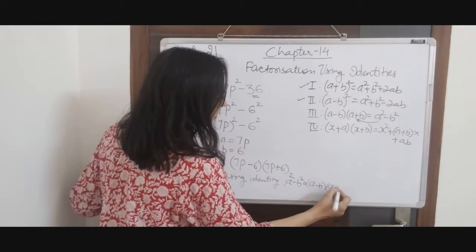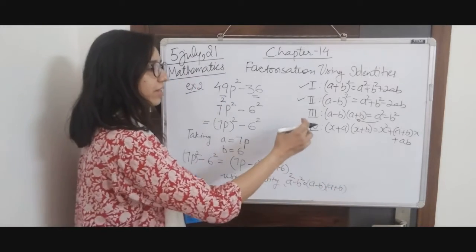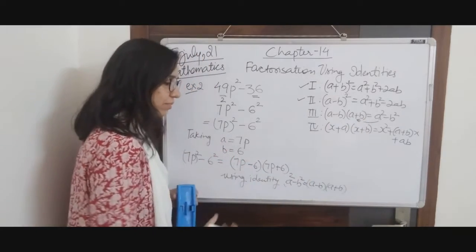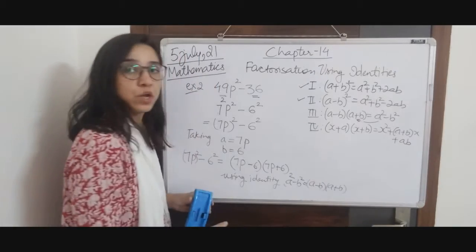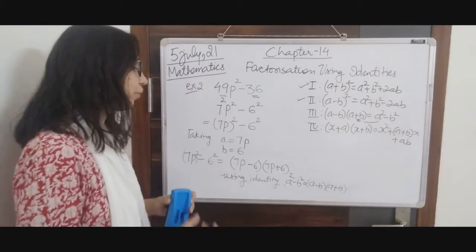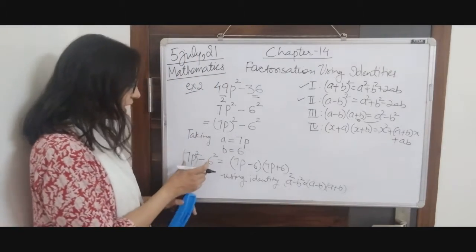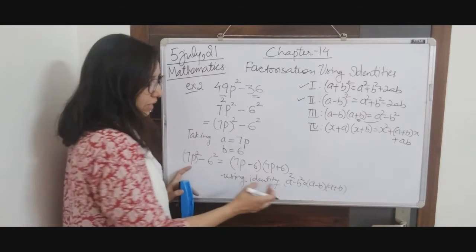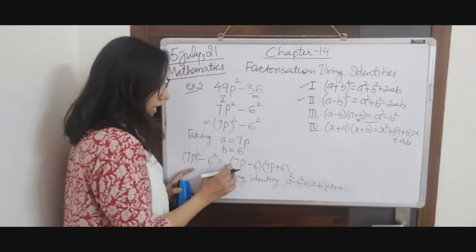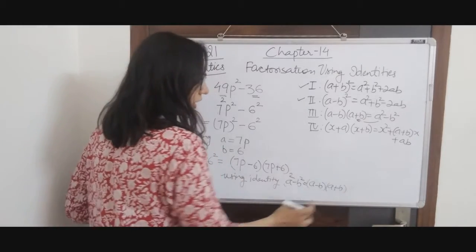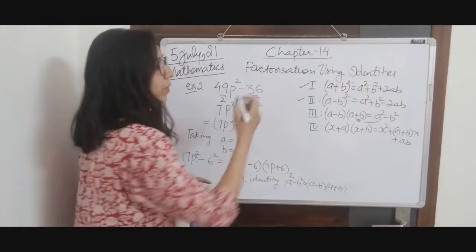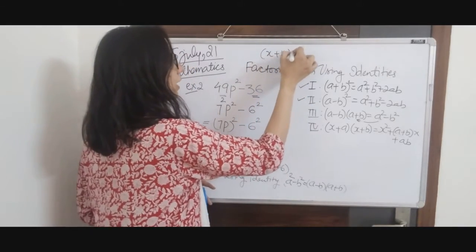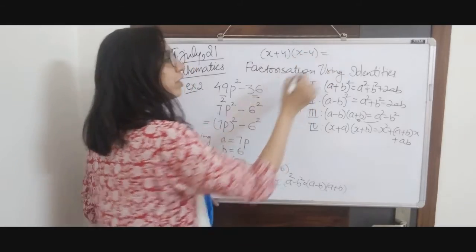You must have noticed that sometimes we are writing this identity as this, sometimes we are writing this part on the left hand side and sometimes we are writing this on the right hand side. Why are we doing this? We are doing it as per our convenience, because we are expanding a square minus b square, so we will write that on the left hand side and our expansion will be here. But suppose we have an expression like (x plus 4) and (x minus 4), and we want to simplify it.